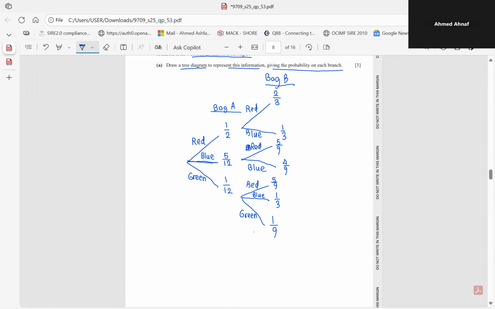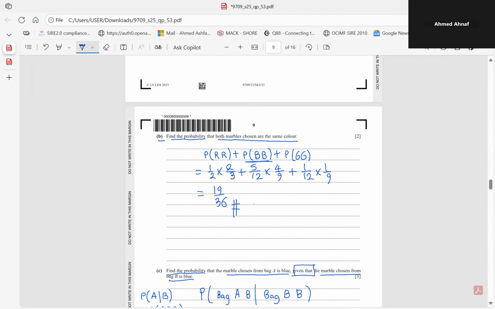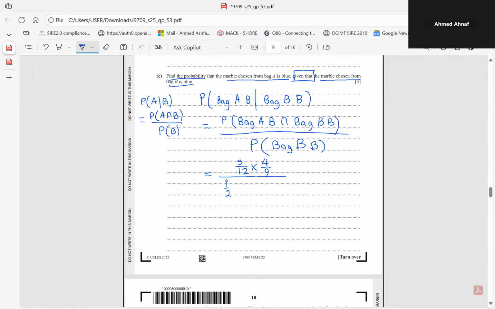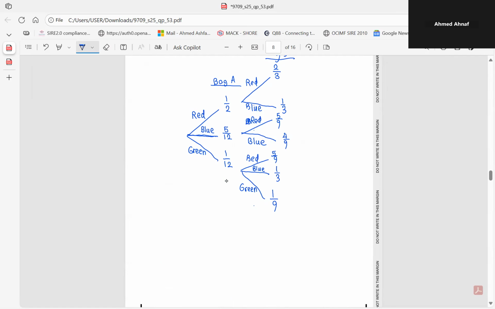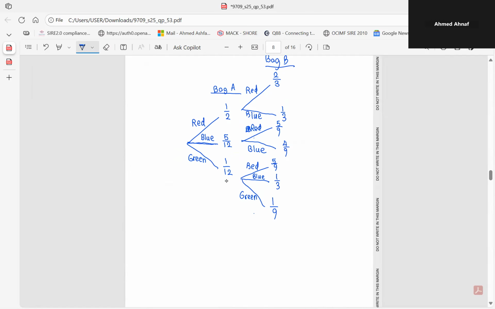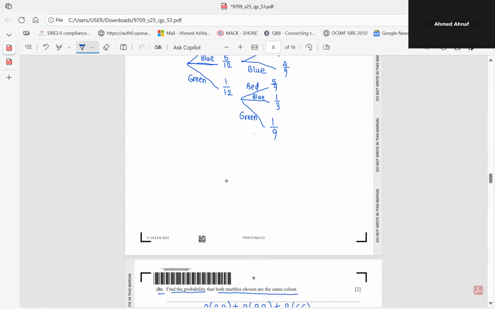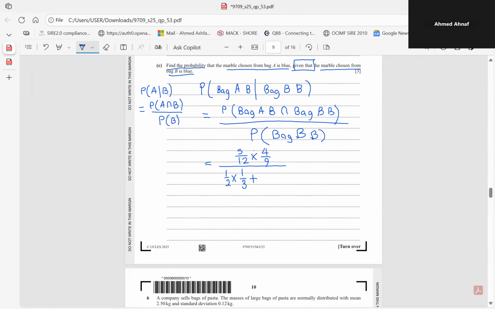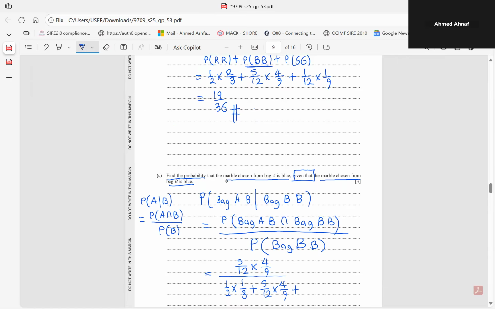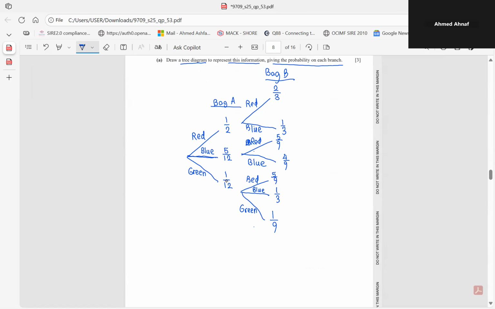So red and blue, that's 1/2 times 1/3. And then you add it. And then for blue blue, it's just 5 over 12 times 4 over 9. And then you add it with 1 over 12 times 1/3 for green blue.